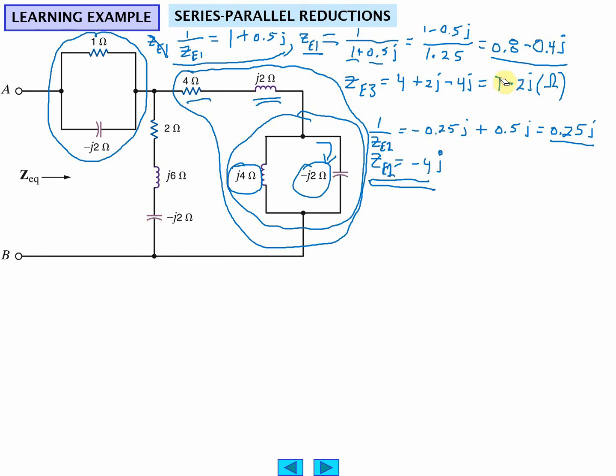There, quit making my 4s look like 9s. Stupid machine. There, 4 minus 2J. Okay, now we've got that one done.